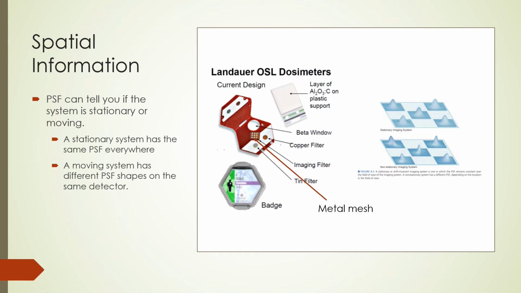Part of the analysis done will be to determine if the badge was being worn when the large radiation reading was obtained. Imagine the badge having a metal mesh placed over the radiation sensor. If the badge was stationary, say it was left on a table in the X-ray room, it will show a point spread function like the top right image. If it was worn and the user was moving around, it will show an image of the point spread function as in the lower image.